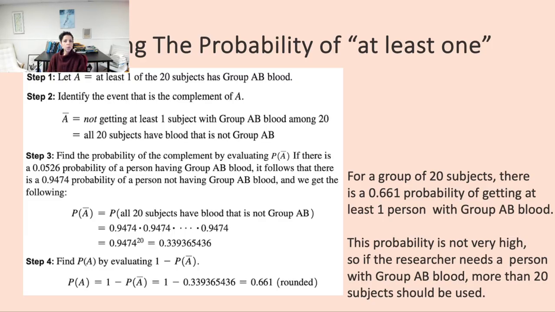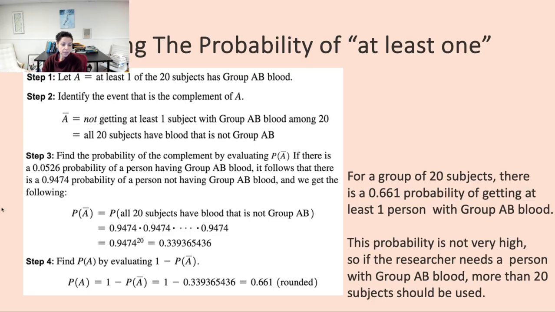So now, if we pick 20 people, what are the chances that no one has AB blood out of the 20 people that we picked? Well, we just have to multiply our probability of one selected person not having AB blood, and we do that 20 times, because we're picking them 20 times.